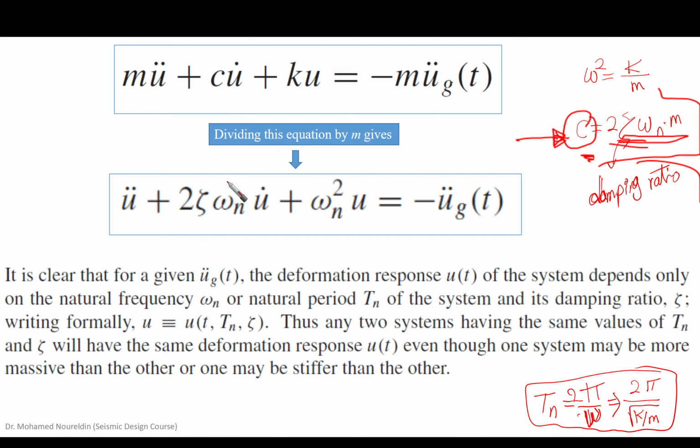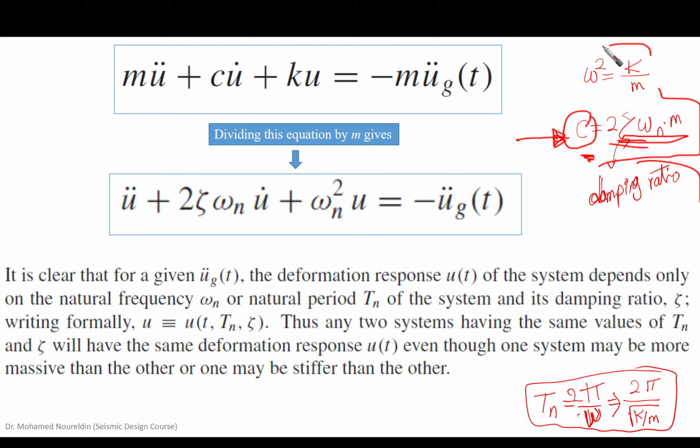So based on this, if we divide this term by m, we end up with 2 zeta, or 2 damping ratio times omega n, which I already put here, and m is cancelled out. And we have u dot here, plus omega squared n, because we have k here, and remember that omega squared equals k over m.